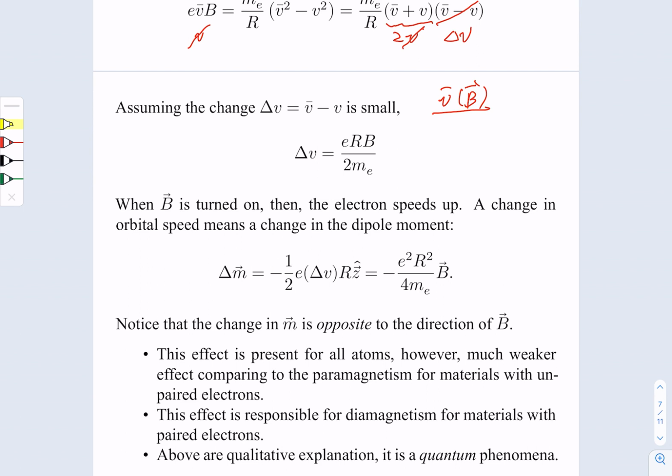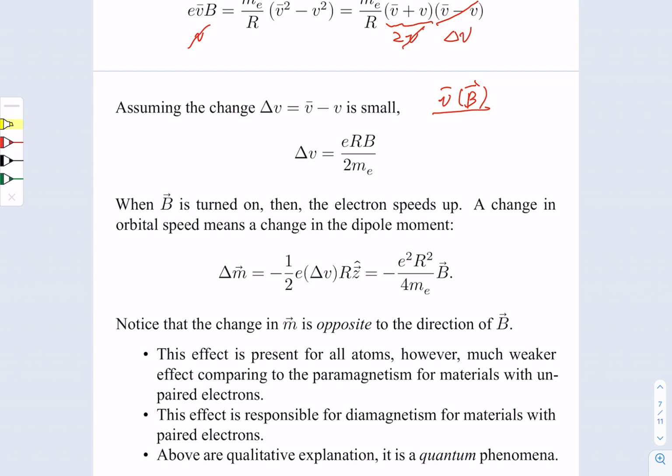So you have to use quantum mechanics for a deep understanding. But here, using classical electromagnetic theory, we already know there must be diamagnetic material, and sort of understand the reasoning behind these diamagnetic materials.